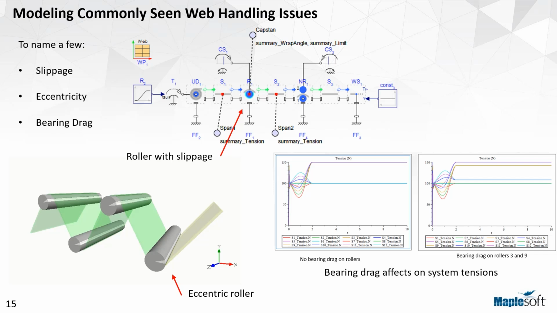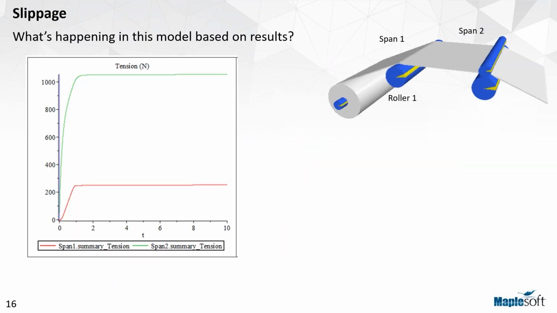So we know bearing drag is not negligible, but we go over how an increase in bearing drag over time can affect your system tensions. So for this webinar, we're going to go forward and talk about the slippage issue.